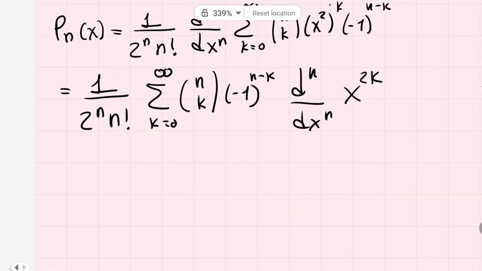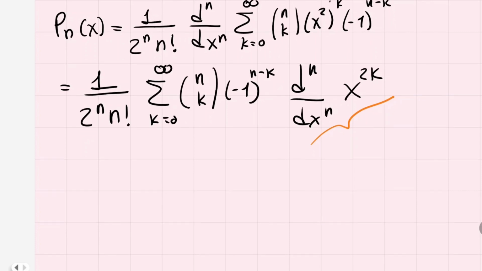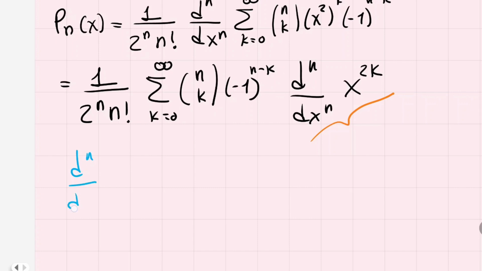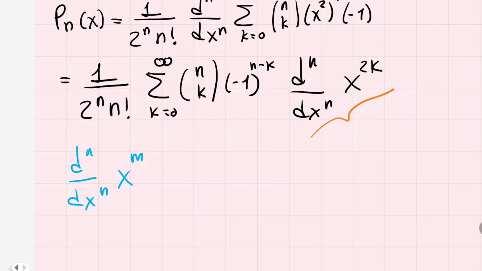Okay, so let's examine this term that we have here. We have an nth derivative with respect to x of a power of x. What are we going to get if we do that? Well, to simplify this, let's see what happens if we take n derivatives with respect to x of x to the m. Okay?